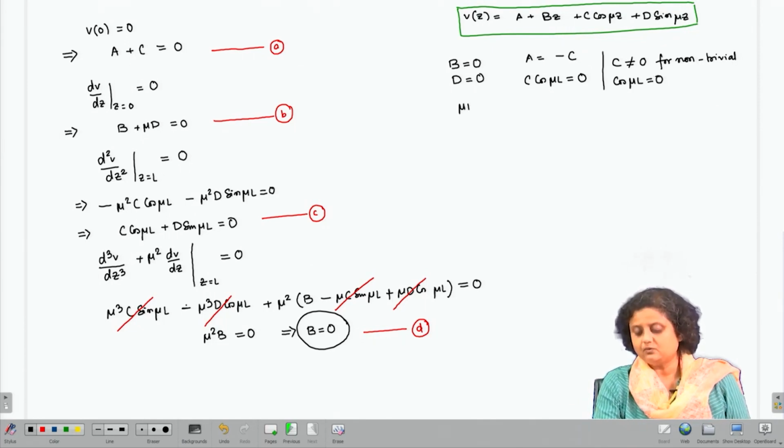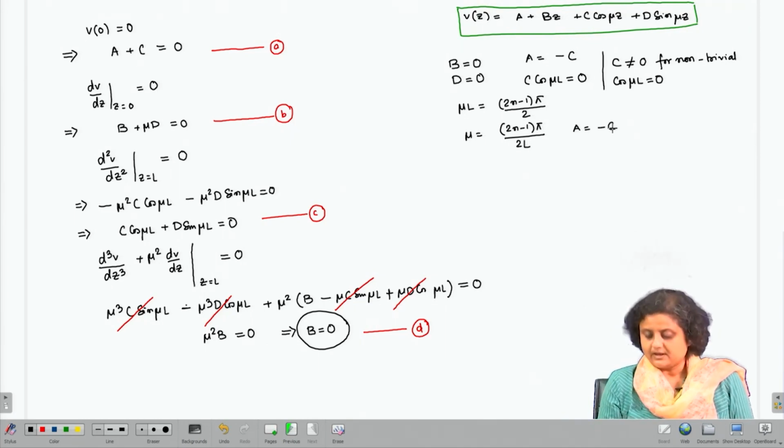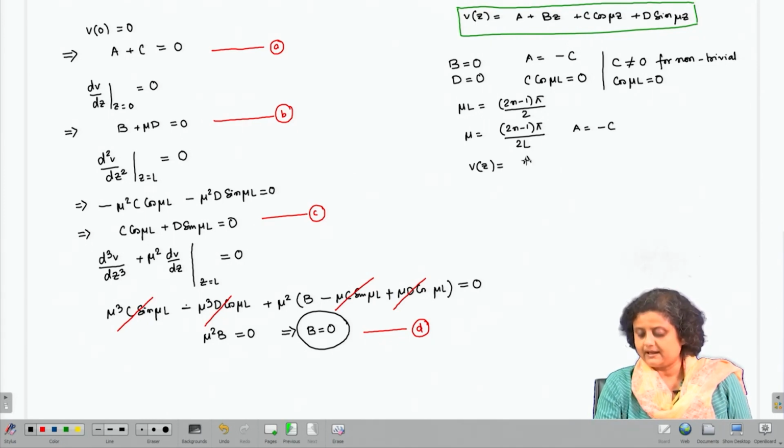Now, cos mu L is 0 if mu L is (2n minus 1) pi by 2. Therefore, mu has to be (2n minus 1) pi by 2L. So, we get this net solution. v(z) is going to be A times (1 minus cos mu z).